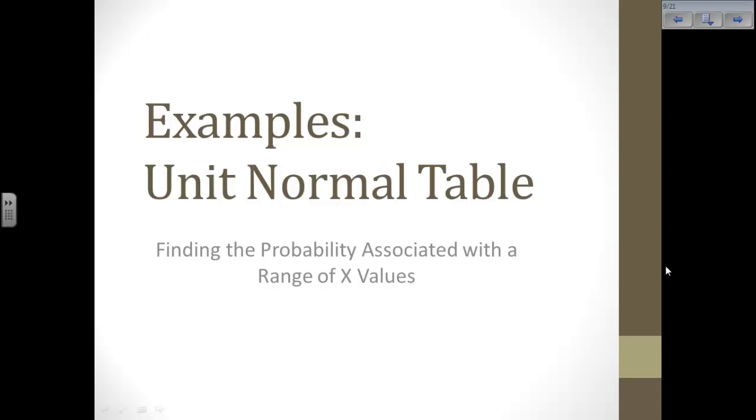Because if you look at the unit normal table, you'll see that there are no x values. You have to calculate z-scores based on the mean and standard deviation for those x values. And that's why the z-scores are so useful. Not only do they allow you to compare scores from different distributions, but they standardize the distribution so that you can have predictable probabilities for any given score from any given distribution based on z.